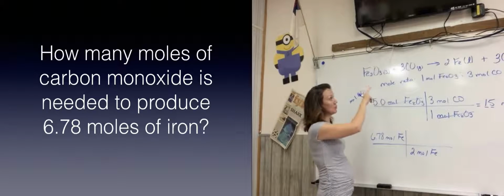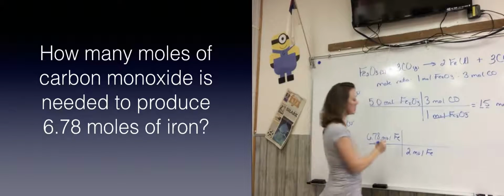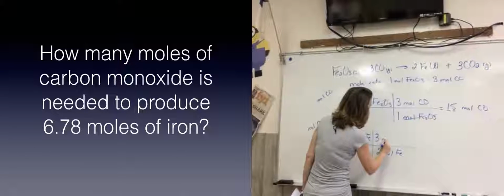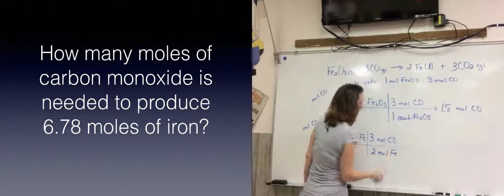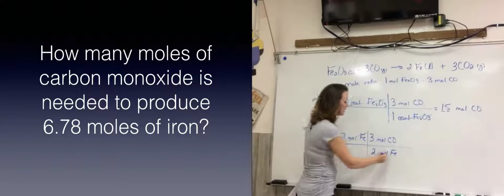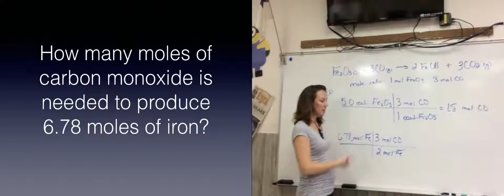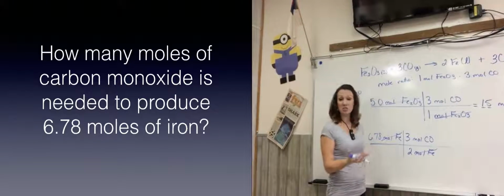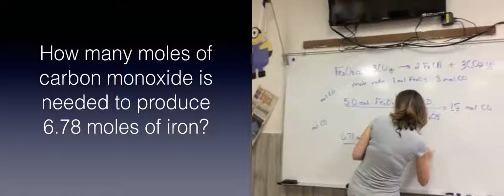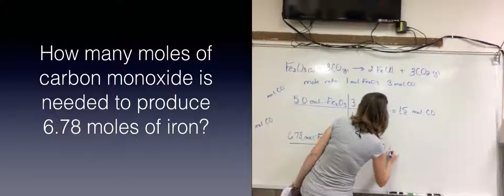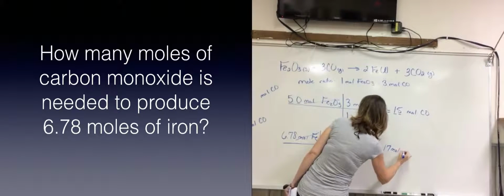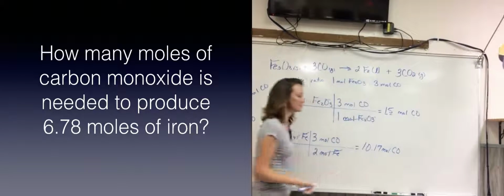So I look at my balanced equation. I see I have a 3 coefficient. So I'm going to put 3 moles of carbon monoxide up on top. My moles of iron will cancel each other out. And then all I have to do now is just do the math. When I do the math, I should get 10.17 moles of carbon monoxide.